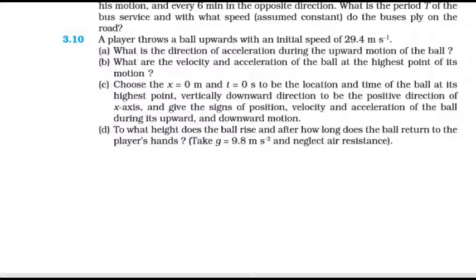What is the direction of the acceleration according to the upward motion of the ball? B. What are the velocities and acceleration of the ball at the highest point of its motion? C. Choose x is equal to 0 meter and t is equal to 0 seconds, the location and time of the ball at its highest point.